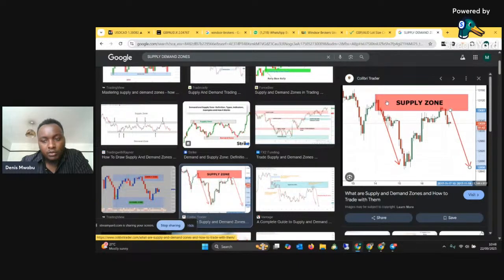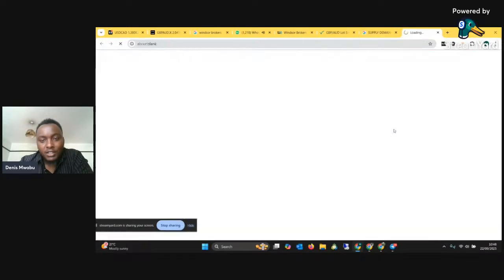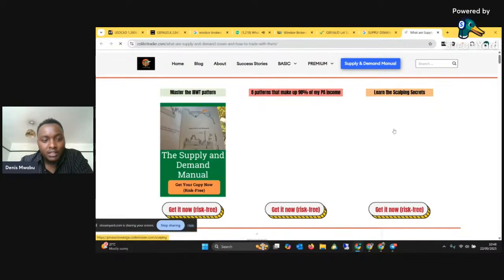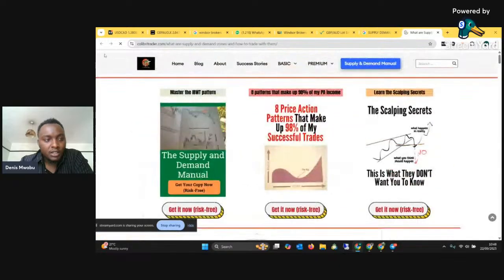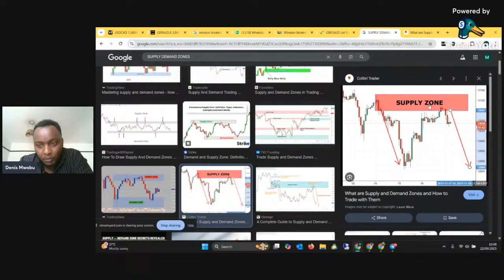This is a supply zone. This is an image of exactly what USDJPY is doing here. Which USD card is doing. You see here, this supply.